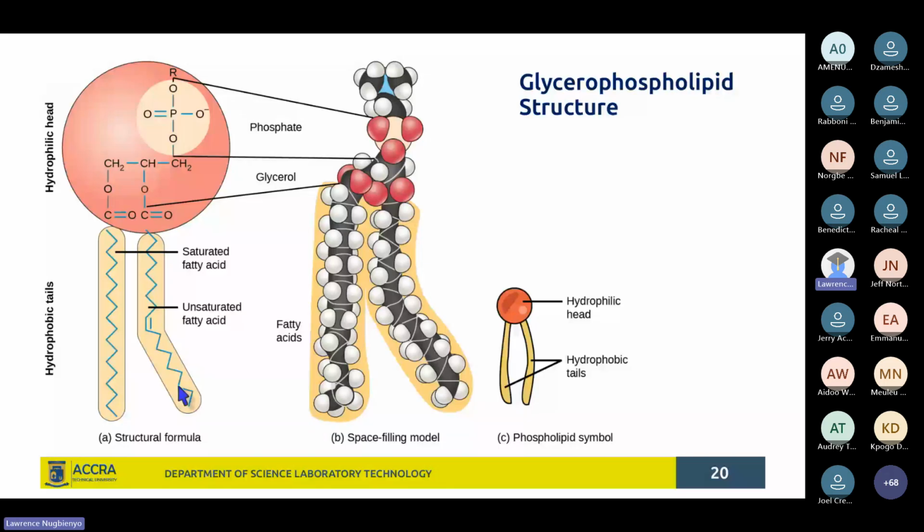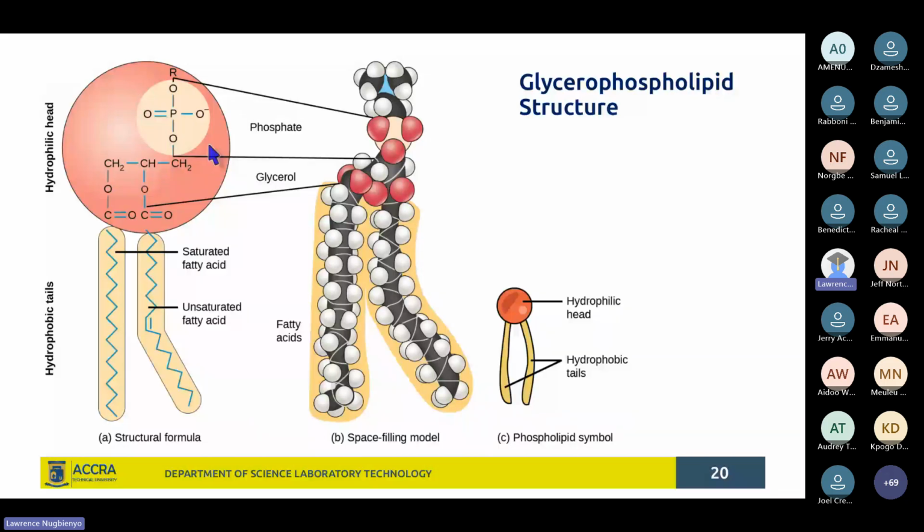So these are the hydrophobic tails. If you are looking at the structural formula of this glycerophospholipid in detail, this is what you see: the hydrophobic tails, which are the fatty acids, and the hydrophilic head, which consists of the glycerol with the phosphate group on it.